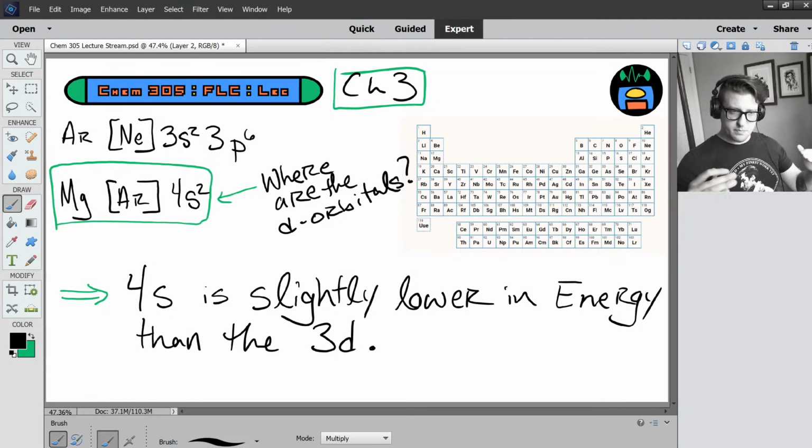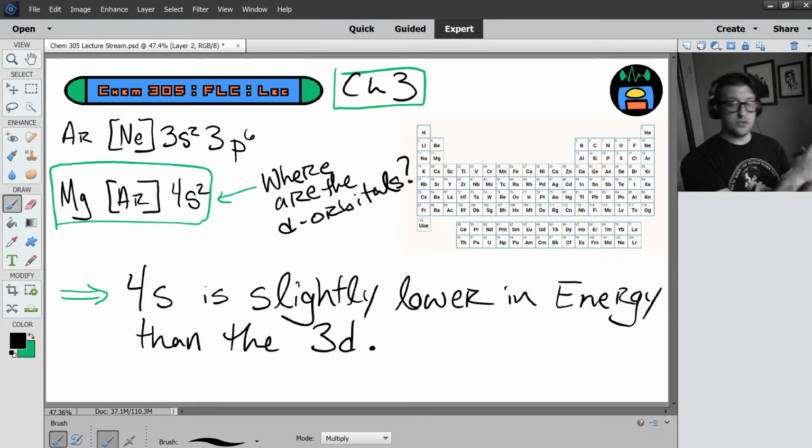They're very close, but the 4s is just slightly lower, so it fills first. So the order in which orbitals fill are: you fill the 3s, 3p, 4s, then you jump to the 3d, and then you fill the 4p afterwards.